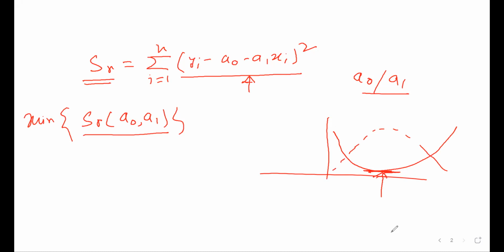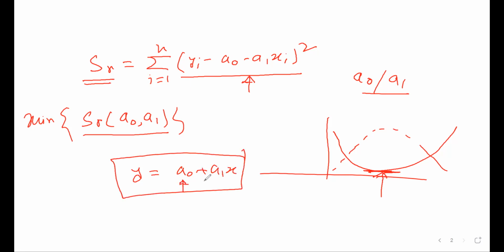That is the technique we will employ to find the values of A0 and A1. If we have a model to be developed for this data, A0 plus A1 into x, the unknowns are actually A0 and A1.